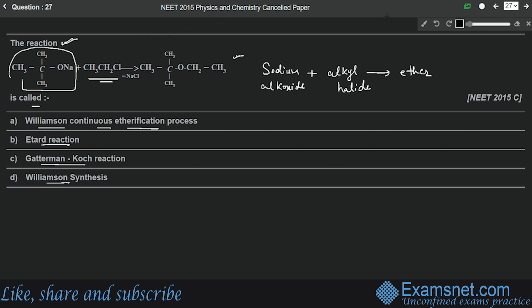This reaction is important for the preparation of symmetric and asymmetric ethers, and the name of the reaction is Williamson synthesis. Option number D will be the correct answer.